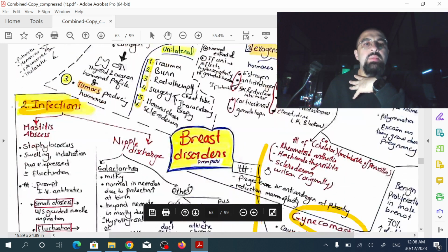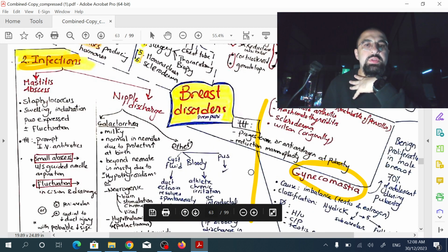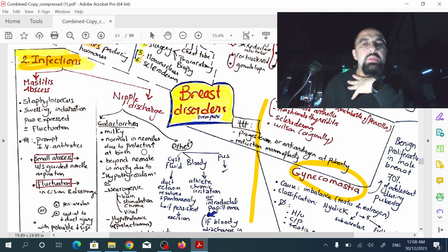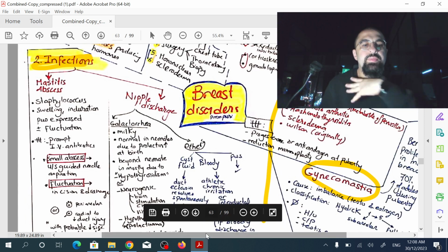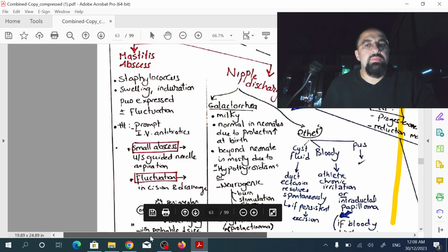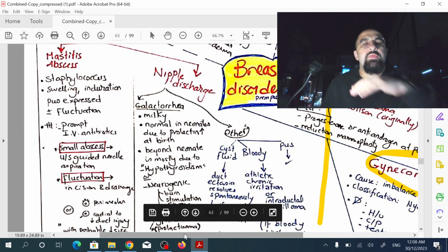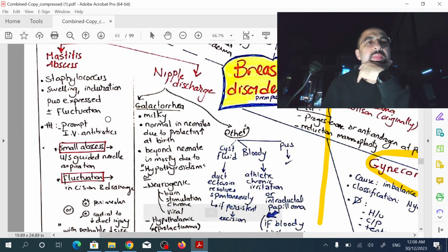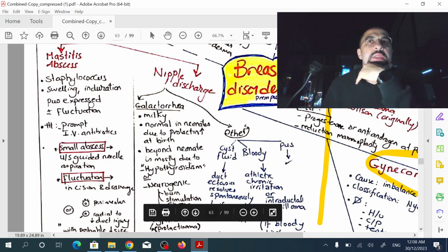When we are talking now about the infections, there are two entities in this section. The first is mastitis or abscess in the neonatal period.